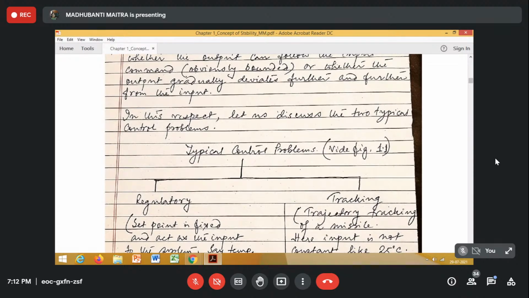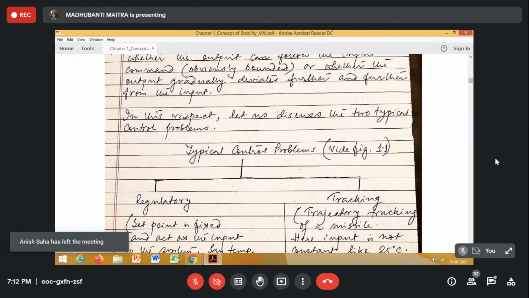If I consider the entire system to be a box, then the input command to the system will be 25 degrees centigrade, and the controller within the system should act in a manner such that the actual room temperature is maintained at 25 degrees centigrade.